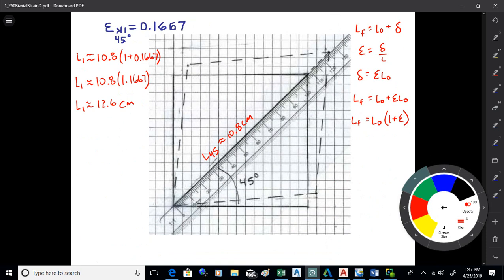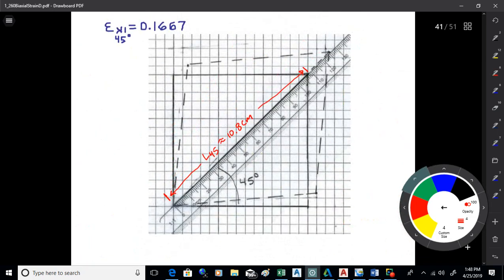All right, now, when I measure that diagonal line, I put a scale on there that you can see. That's about 10.8 centimeters, okay? 1, 2, 3, 4, 5, 6, 7, 8, 9, 10, and about 0.8 more. So that's roughly 10.8 centimeters across.